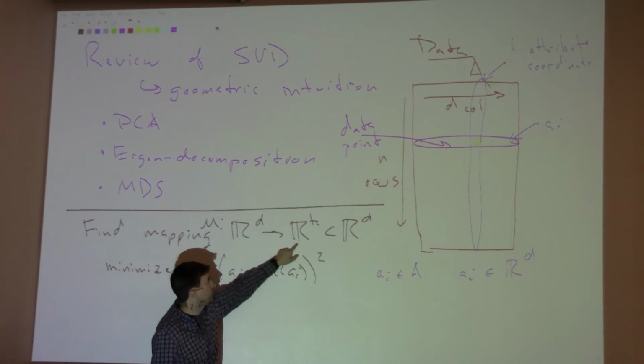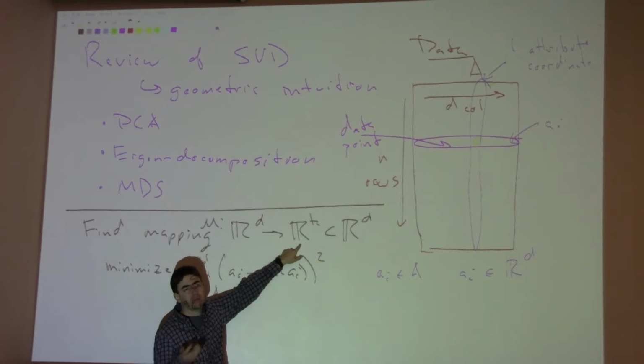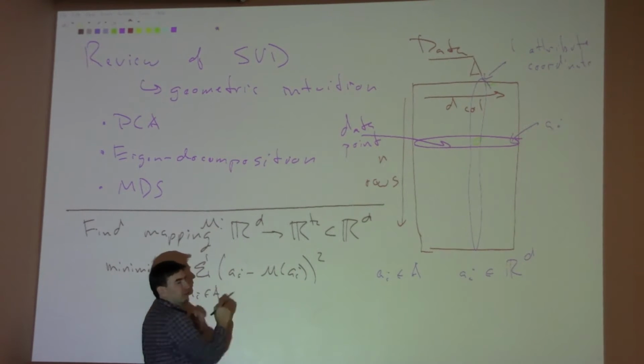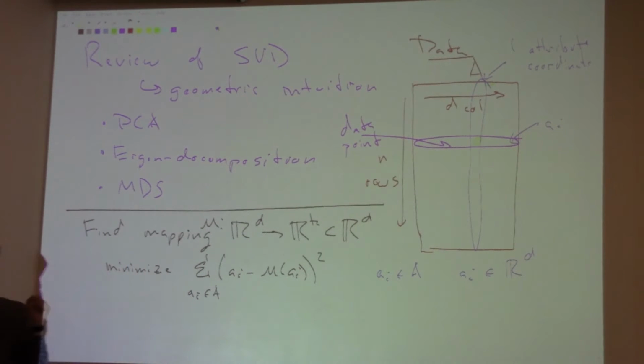Think of K as maybe 2 or 3. I want the sum of the squared distances of all these movements of the points to this lower-dimensional subspace to be minimized.